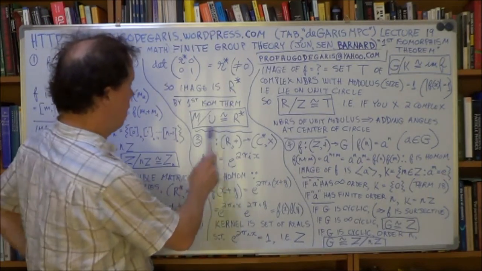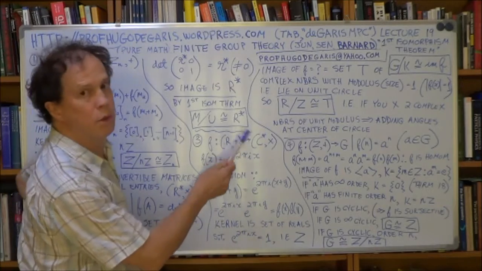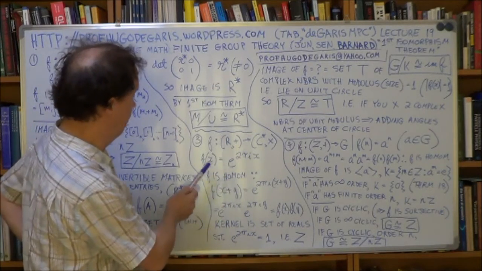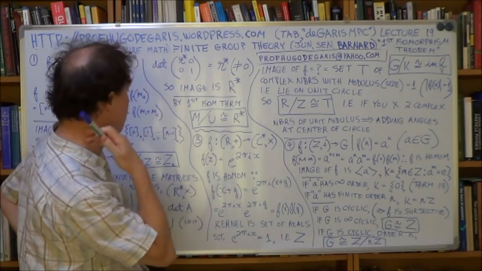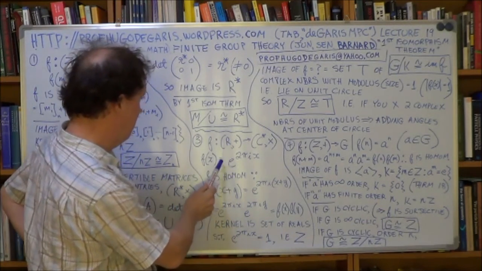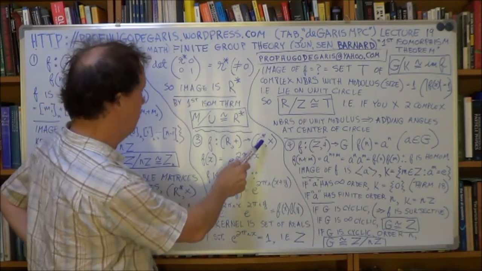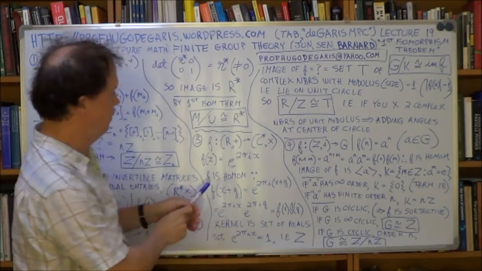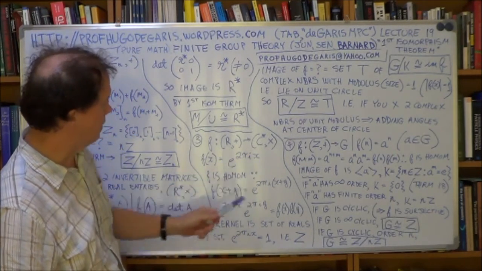So that's mapping group to group. How do you map element to element, more specifically? Well, you take any real number x from this group G, and you map that into a complex number of this form: e to the 2 pi i x.